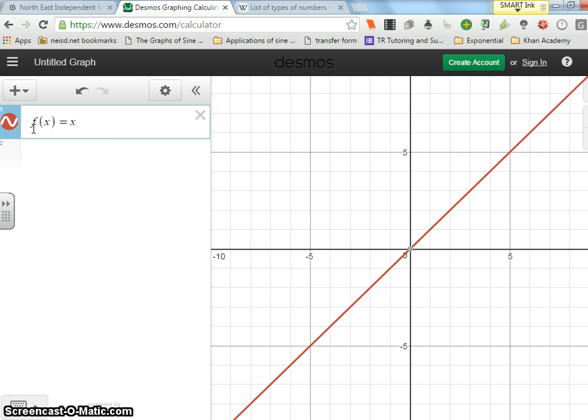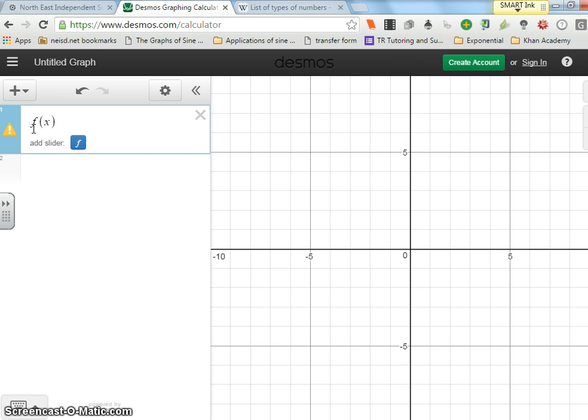Okay, so I'm going to be giving you some different types of functions that you have not seen before, and you're going to be graphing them using the graphing calculator and writing the transformations that you see. So for example, one of the new functions we're going to look at is a rational function.